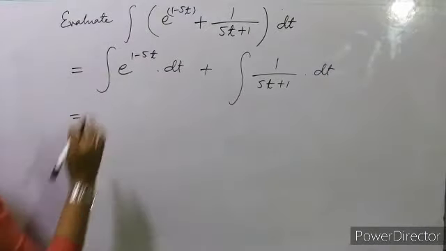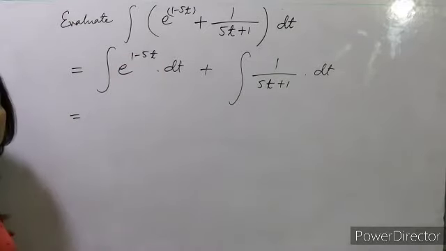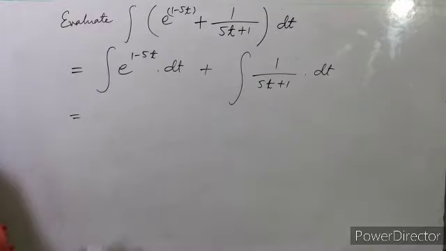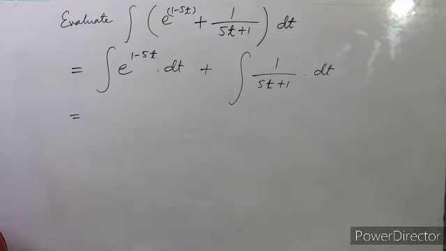Okay, now what will be the value of the exponential one? When we are differentiating e to the power x, what are we getting? e to the power x only, right? But this is 1 minus 5t. After differentiating this, what will we get? Minus 5. But the minus 5 that we get, we multiply it in case of differentiation.